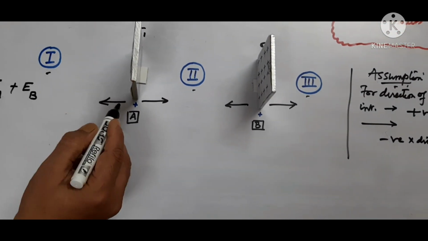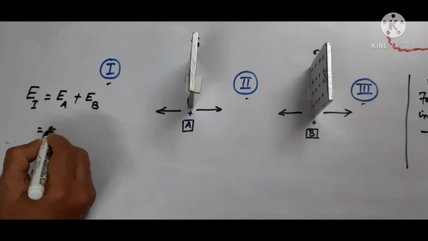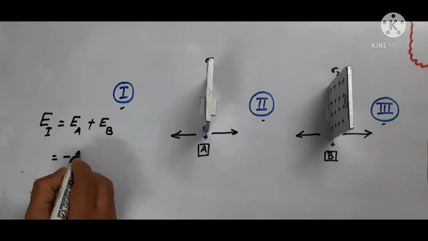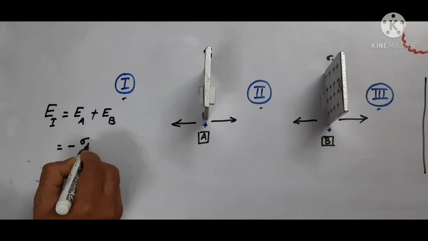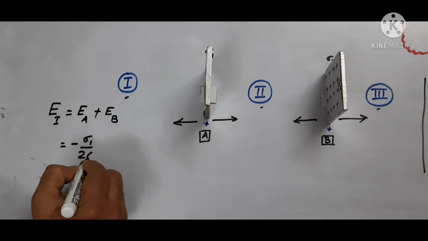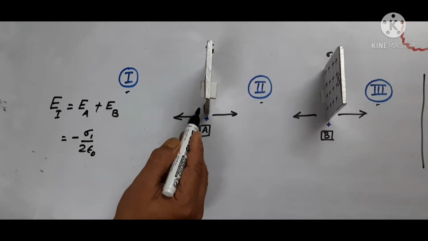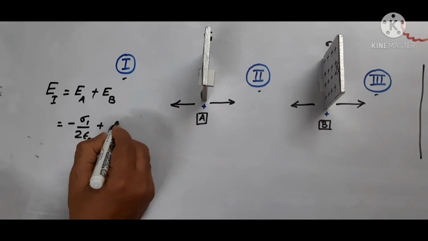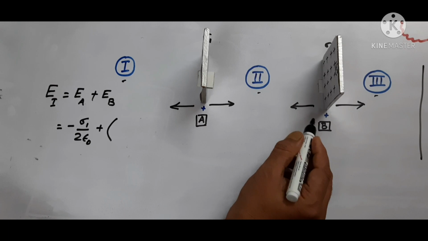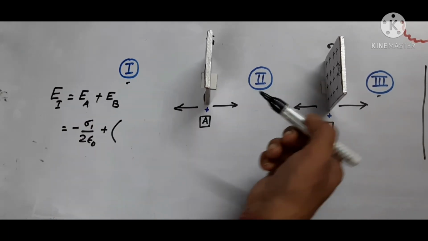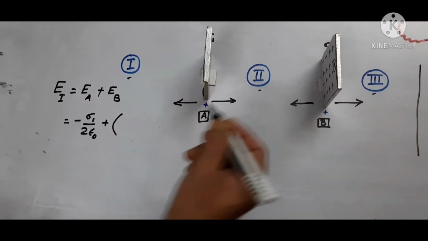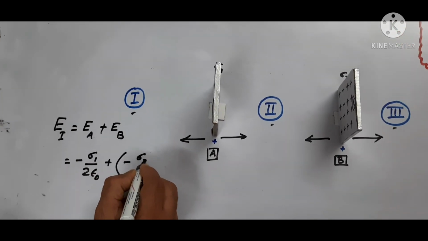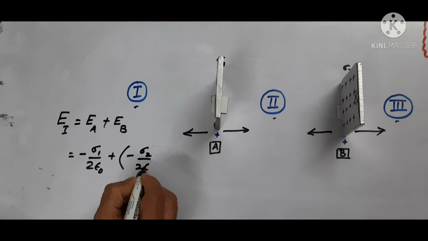So EA is minus sigma 1 by 2 epsilon naught, as it is a thin charged infinite plane sheet. Due to B, again region 1 is in the negative x direction, so it is also minus sigma 2 by 2 epsilon naught.